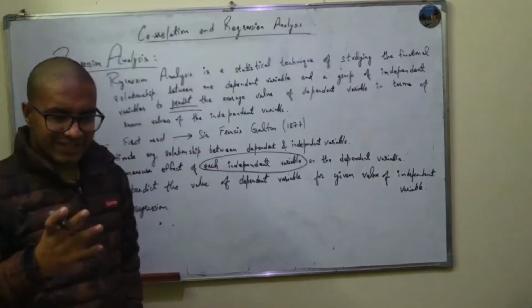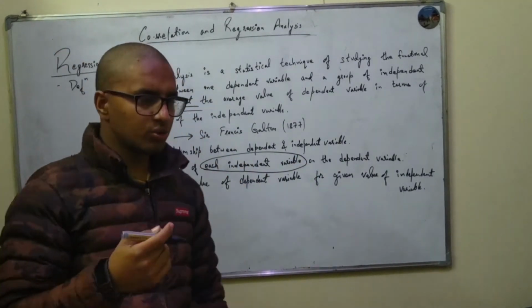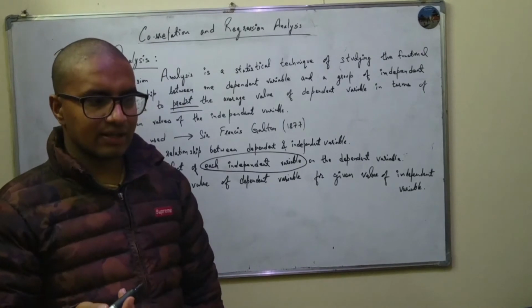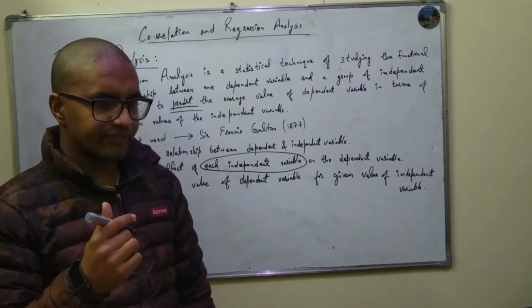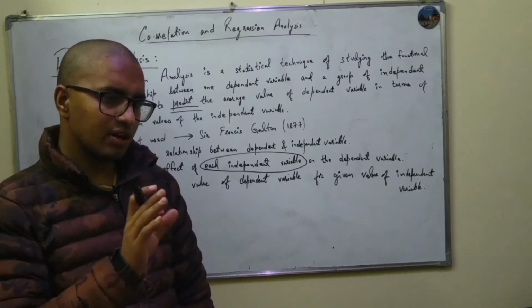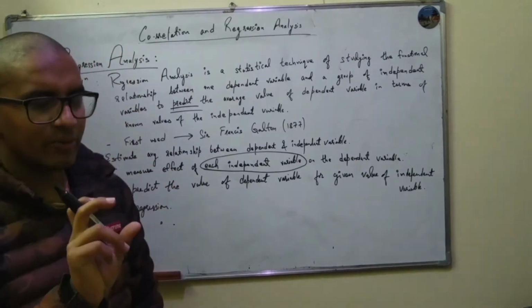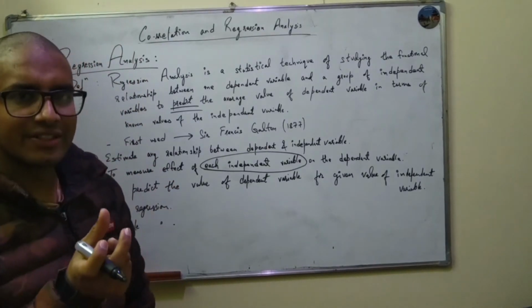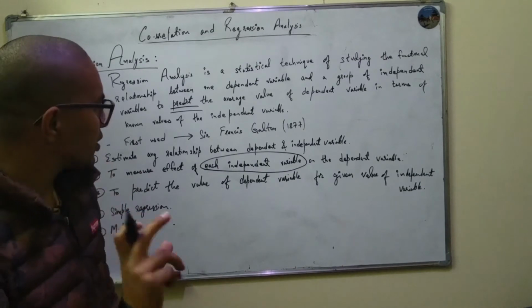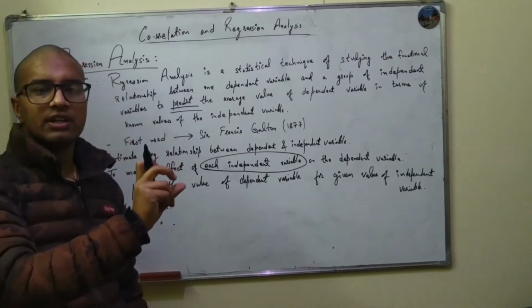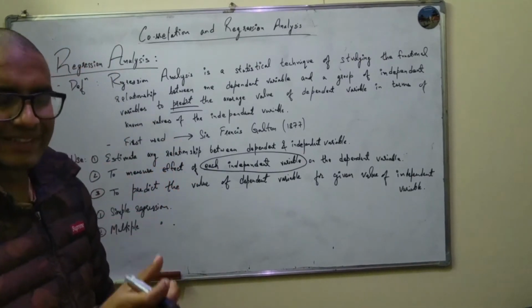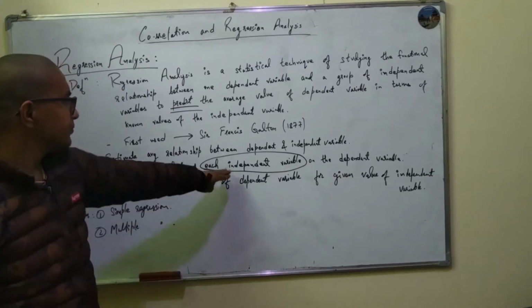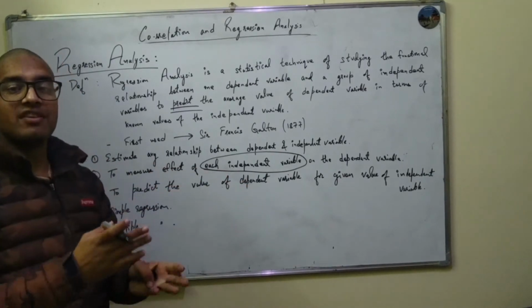You could twist that particular variable, right? Suppose we're looking at height and weight. You could twist the height or you could twist the weight. How will that impact the dependent variable, which is the weight? So that is used to explain the variation.